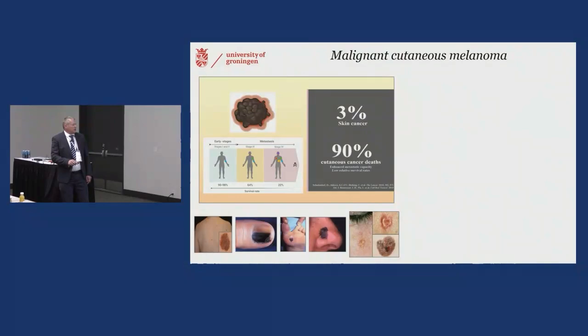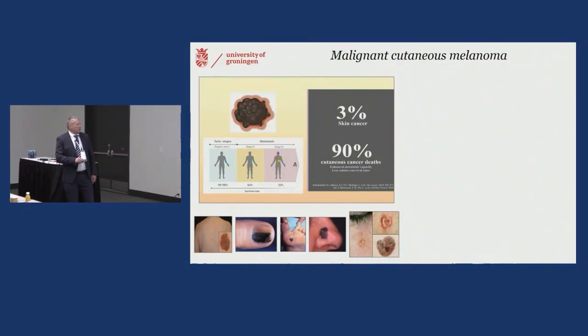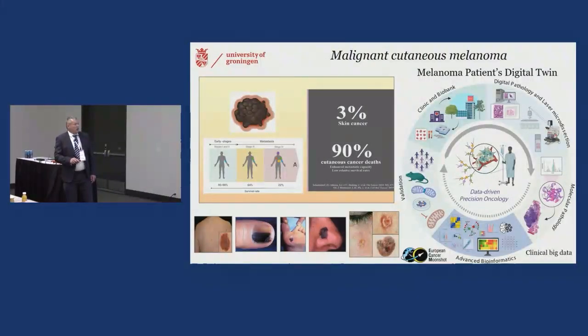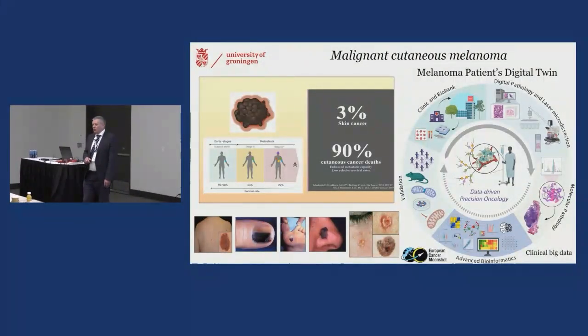Here you see some examples of melanoma, which can occur in the superficial skin, but it can also occur in nails, in palms, as well as in other parts of the body. Our goal is to develop so-called patient digital twins, which means that we try to collect all the information that a patient has, including clinical metadata and other histories.